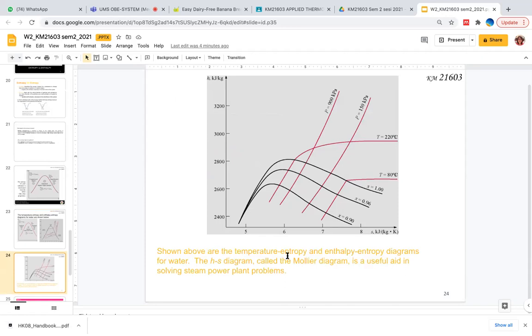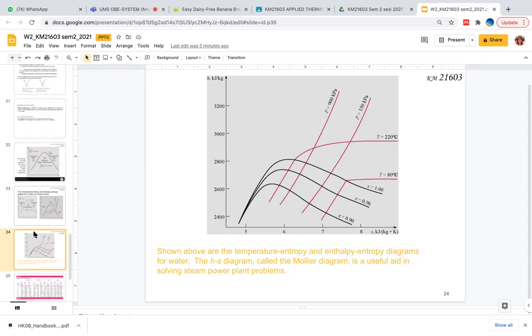Shown above is the temperature-entropy diagram. And again, enthalpy is H, entropy is S. The HS diagram is called the Mollier diagram. It's very useful for steam power plant problems.